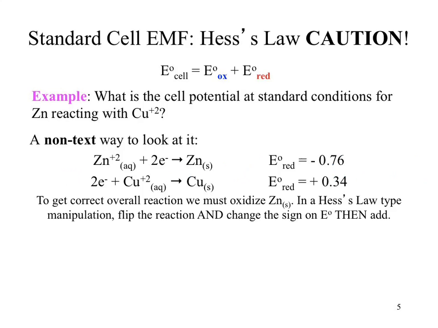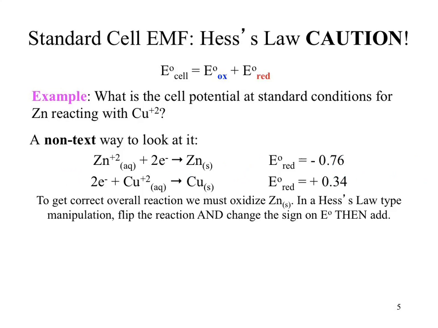Does it occur spontaneously or not? So we would add those 2 together, and if we got a positive value, yes, it's a spontaneous reaction. If we add them together and we get a negative value, what does that mean? That reaction would not occur as we've got it drawn.